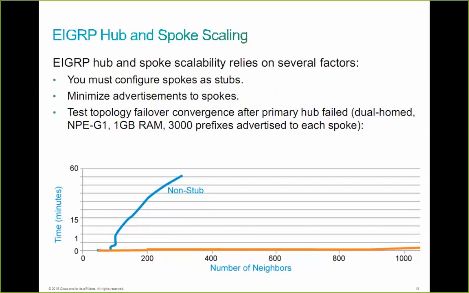If EIGRP is used in production environments, if we have, say, over 800 EIGRP neighbors, well, what you're seeing in this diagram here, let me see, how can I describe this?